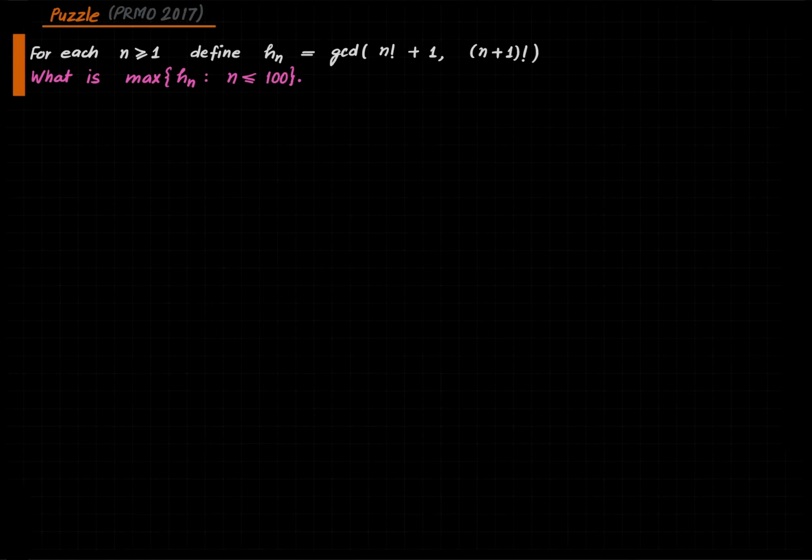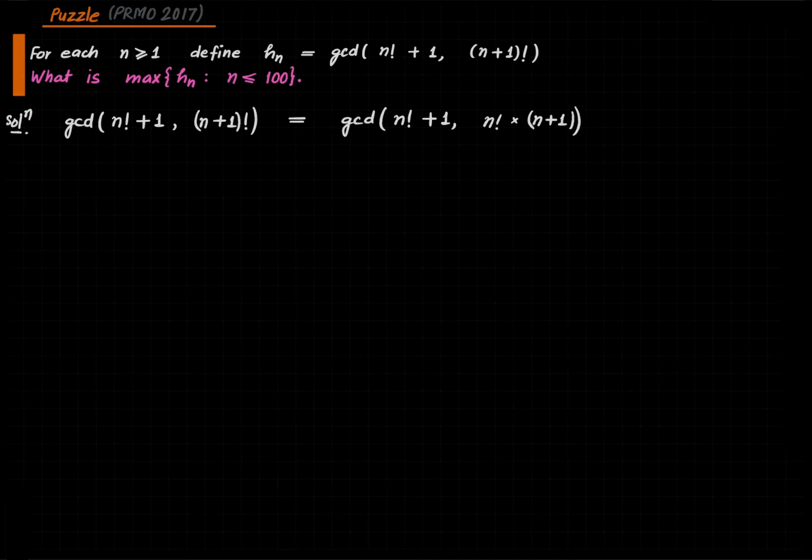So let's see. The first thing we note is the following, that this GCD is the same as, for trivial reason, these two things are the same simply because this is same as that. So nothing has happened so far, but this is equal to, and here something interesting has happened.